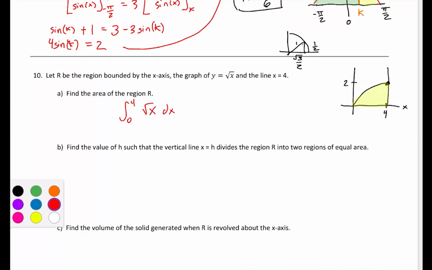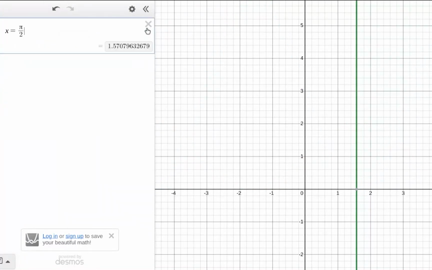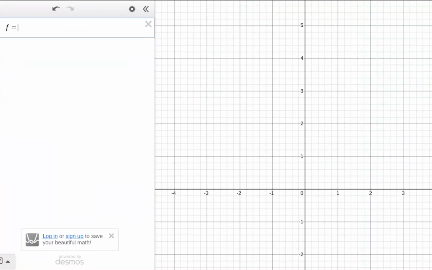This is something that you should be able to do by hand. But we're going to get a calculator here, so we might as well take advantage of that. So let's get rid of all this. And I'll just say f is root x. Oh, I guess I don't need those parentheses. There we go.